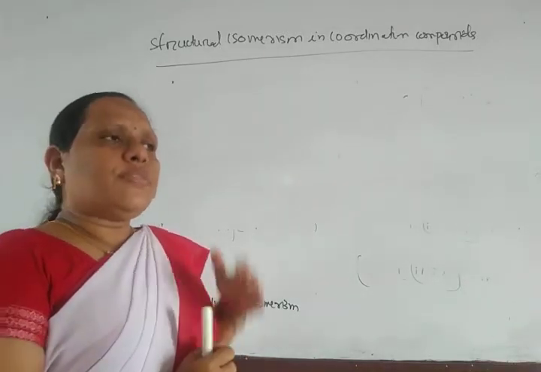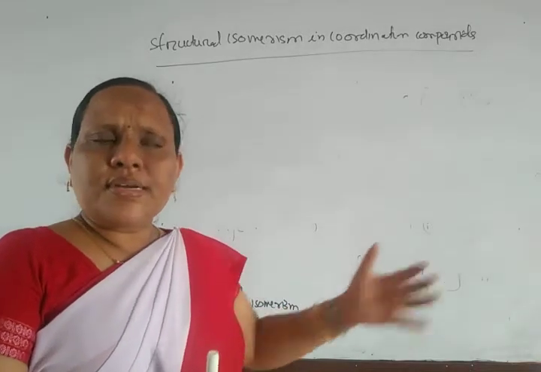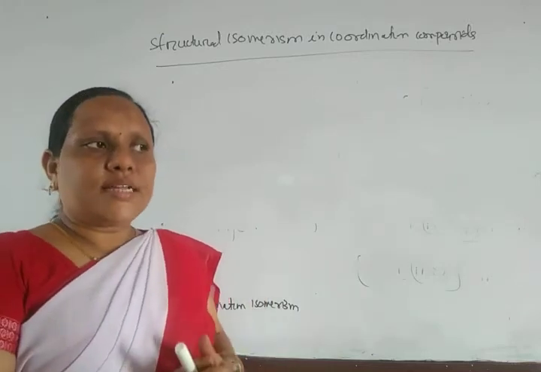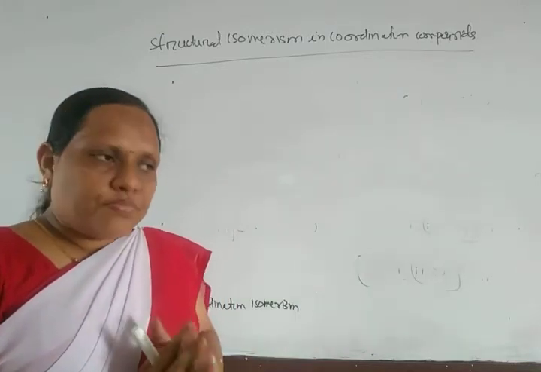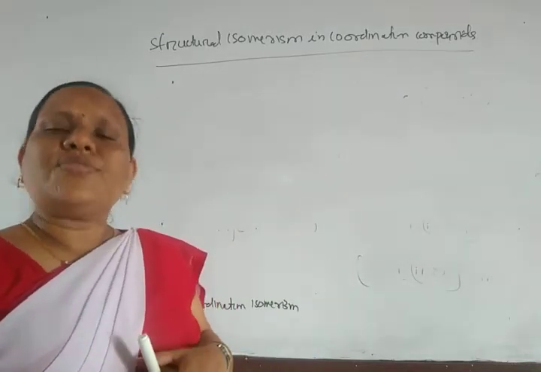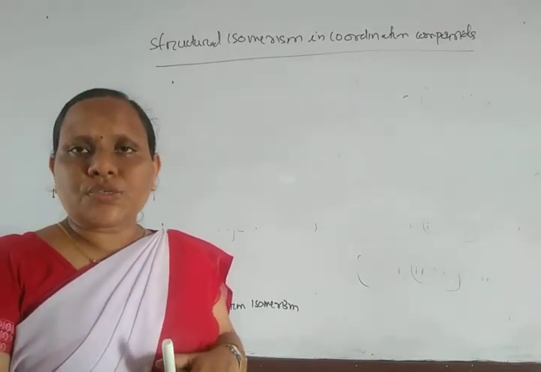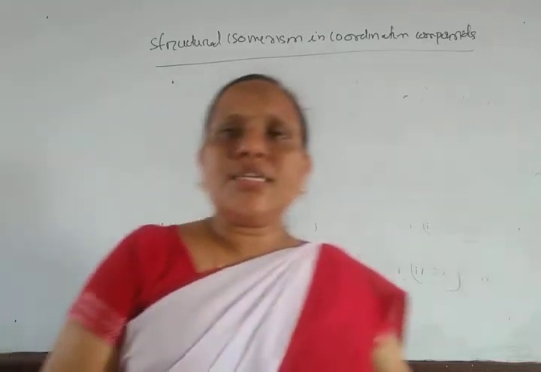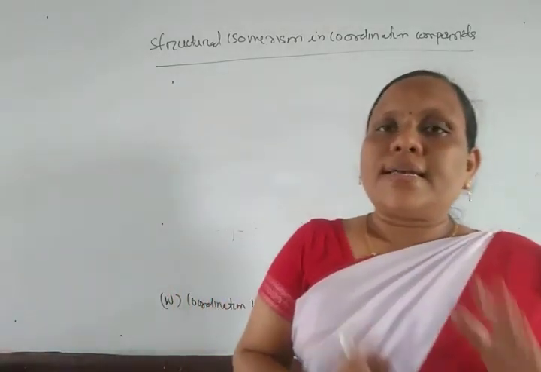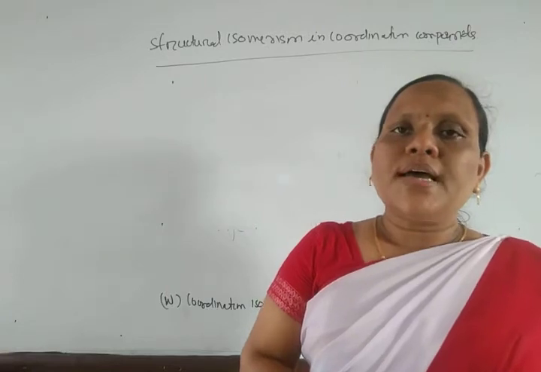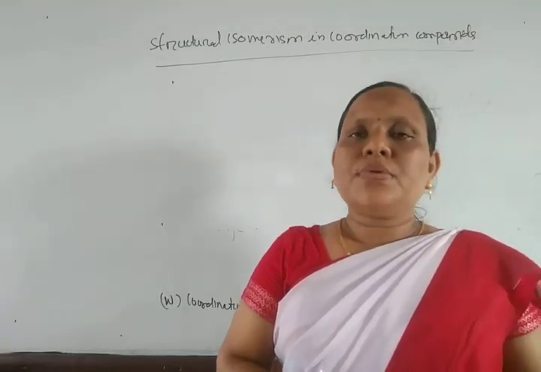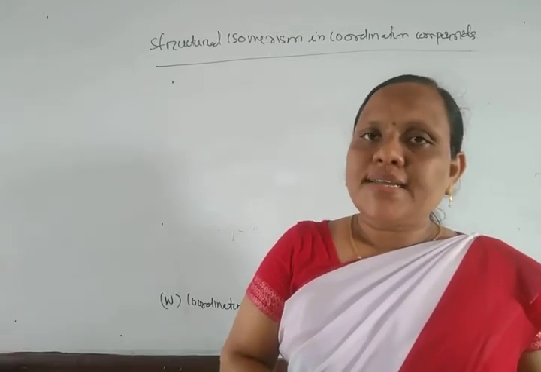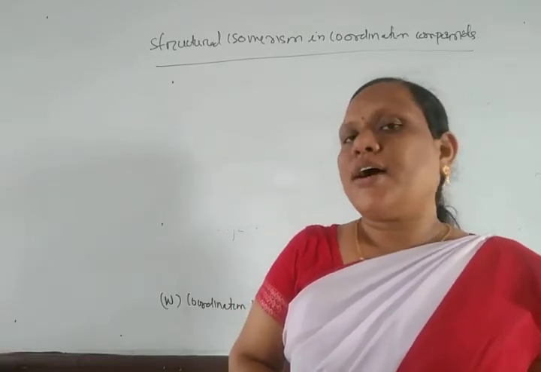Here the same molecular formula represents different compounds which differ by the exchange of ligands, and those are known as coordination isomers. And coordination isomers are generally formed in that case where both the cation and anion are complexes. That means where both a cationic complex and an anionic complex are present. In that case, coordination isomers are formed.